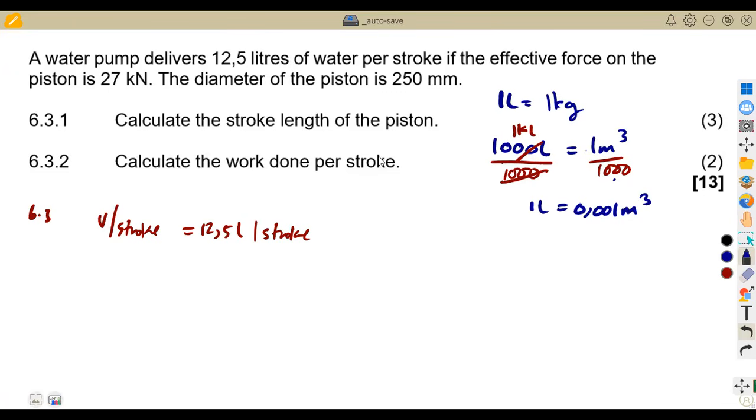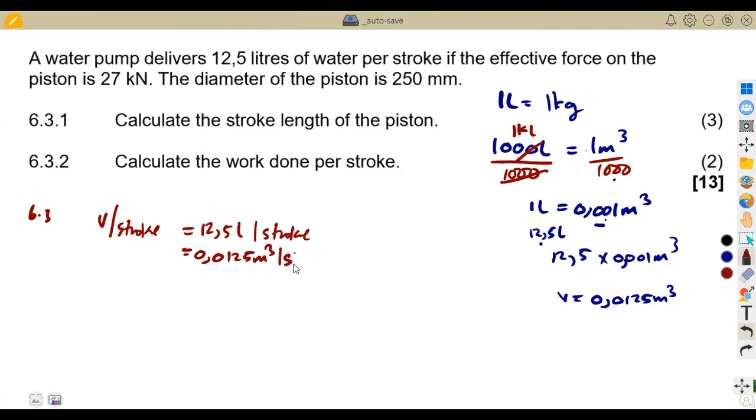So if I've got 12.5 liters, what am I going to do? I'm just going to multiply by this value. So it's 12.5 times 0.001 cubic meters. We're going to have our volume in cubic meters, which is 0.0125 cubic meters. Remember, this is volume per stroke. So our volume per stroke in cubic meters is 0.0125 cubic meters per stroke.